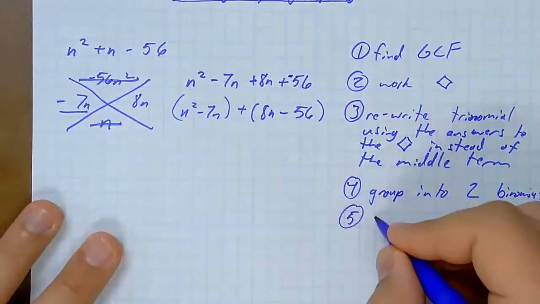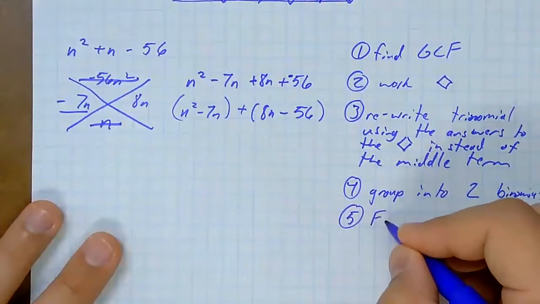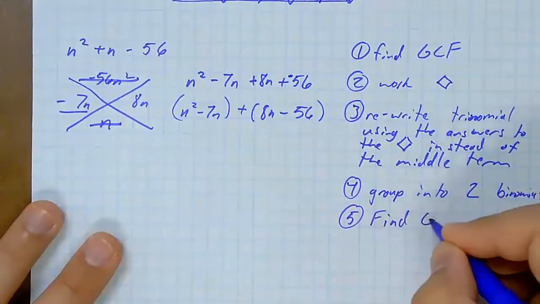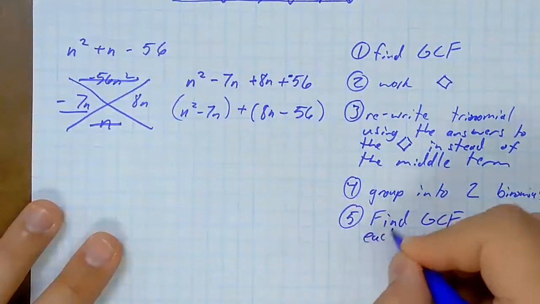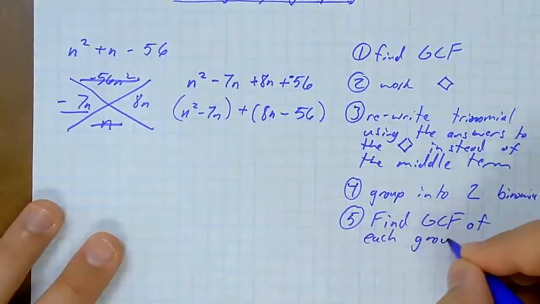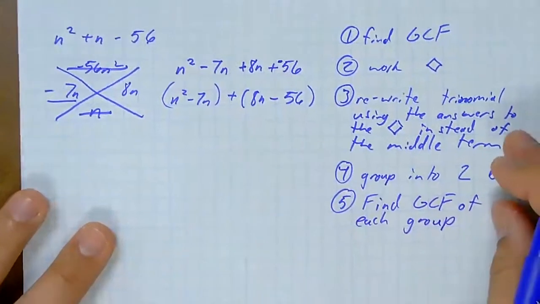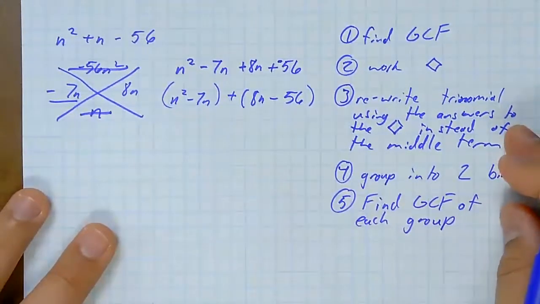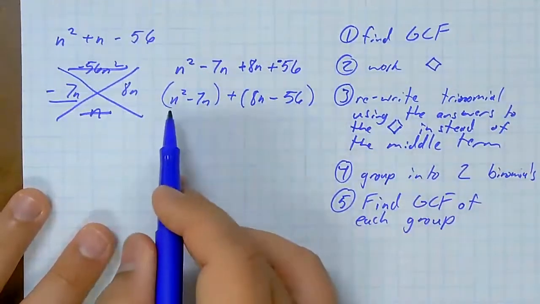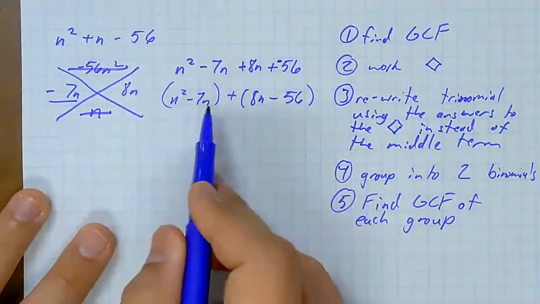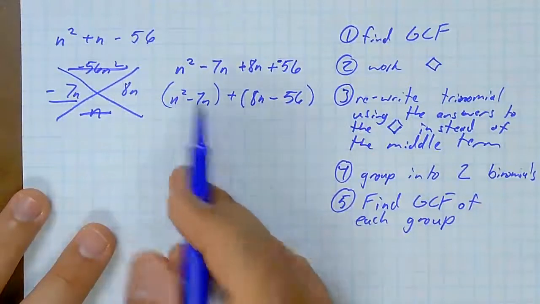Step 5, find the GCF of each group. So, taking a look at our first group, n squared minus 7n, our GCF is n.